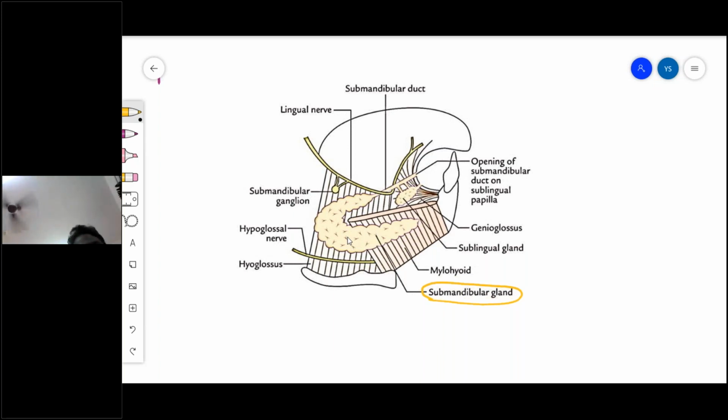Now in this gland we can see the submandibular gland mainly divides into two parts. For example, here I'll show you one muscle with a yellow color box. I put a tick mark. That is the mylohyoid muscle, which forms the floor of the digastric triangle.